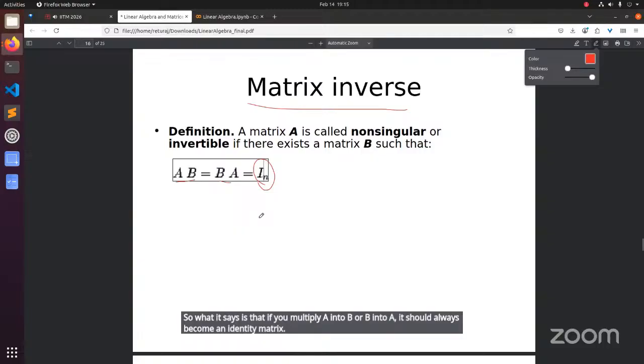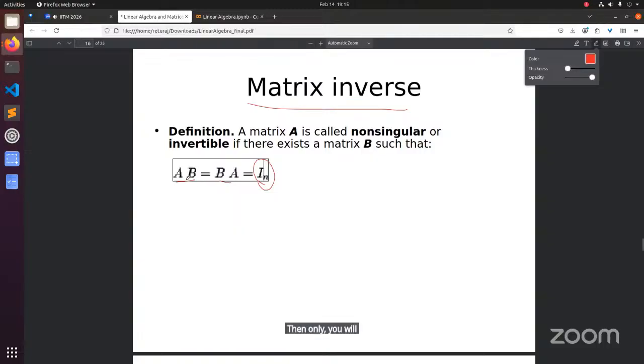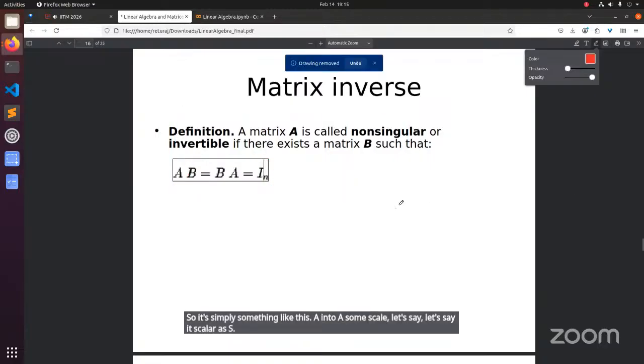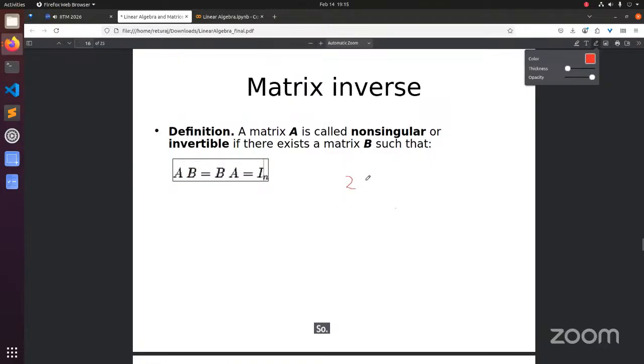Then only you will call the matrix B an inverse of matrix A. It's simply something like this: for a scalar, say 2 into 1 by 2, the value is 1.